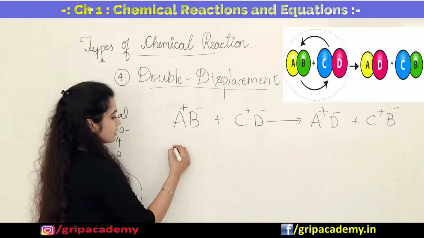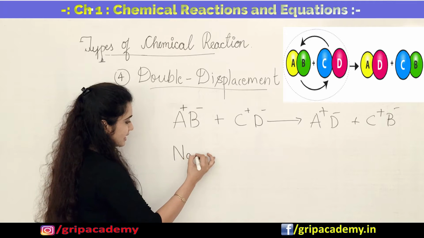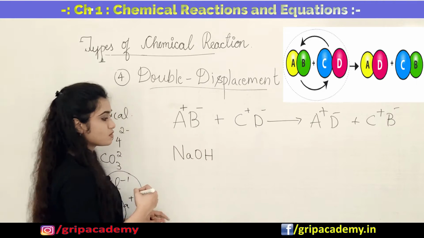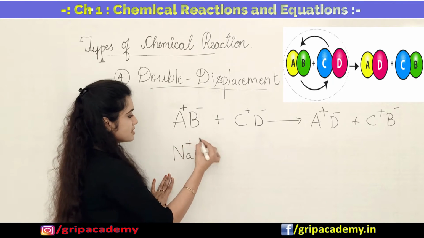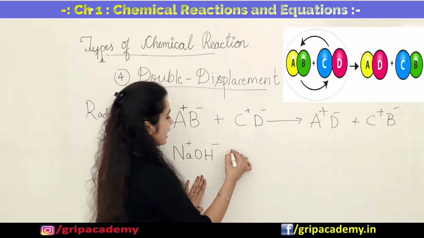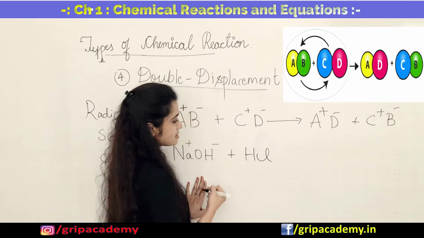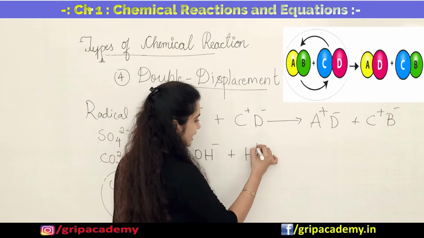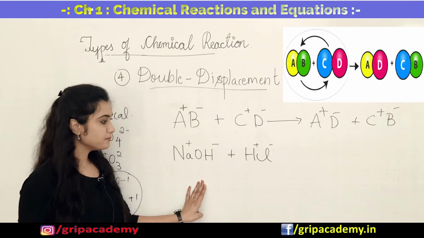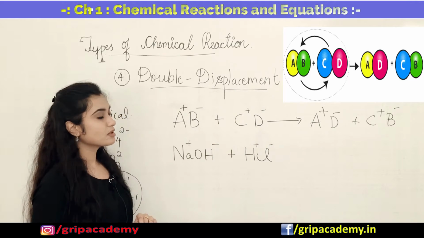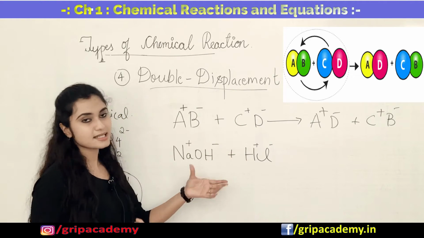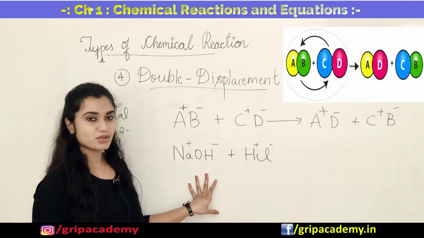In place of AB, we will take NaOH, which is a base. How can we represent? Na plus OH minus, correct? And in place of CD, we can take HCl, which is hydrochloric acid. This also we can represent like H plus and Cl minus, right? According to the definition, the radicals get exchanged between these two compounds.